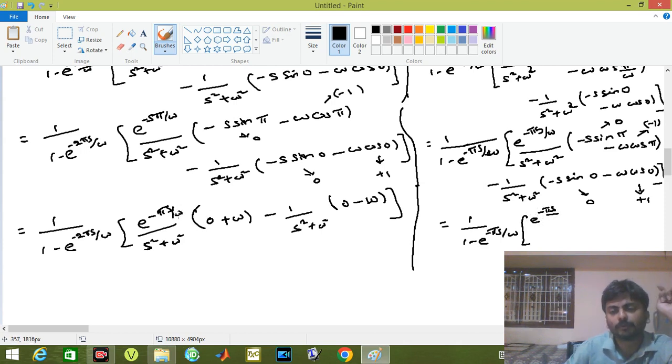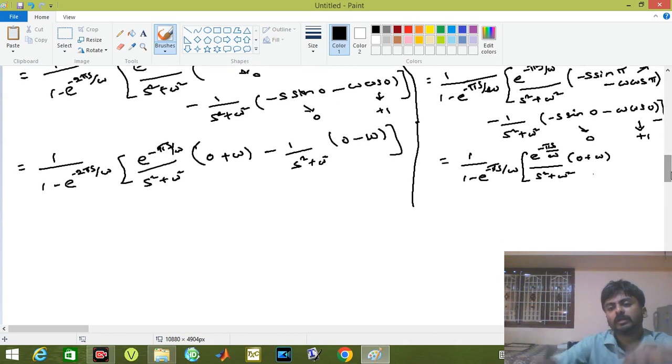You have to be very careful. Okay, pi s by omega divided by s square plus omega square into 0 plus omega, then minus 1 divided by s square plus omega square of 0 minus omega.